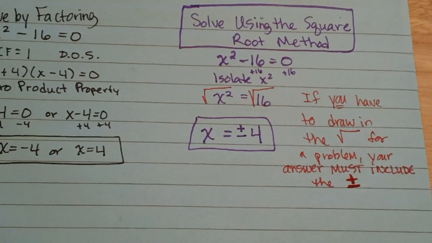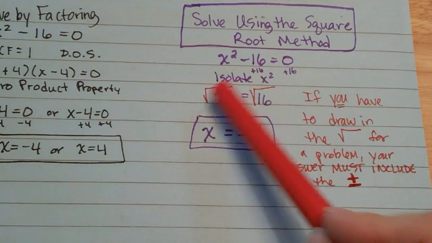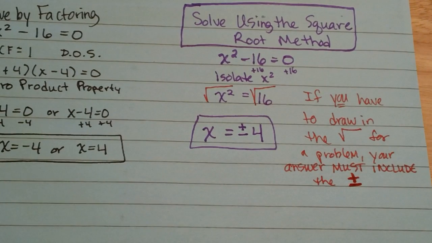So in this problem, it started out with x squared minus 16 equals 0, and we were the ones who drew in that radical right on this step, so we have to include the plus minus in our answer.